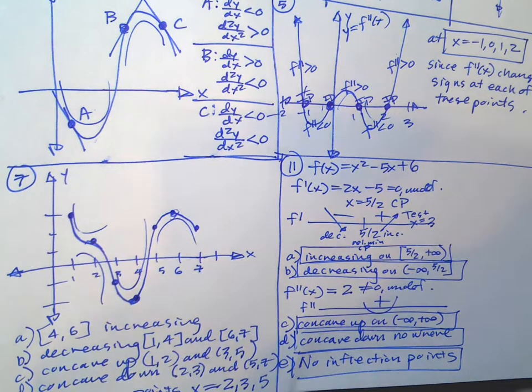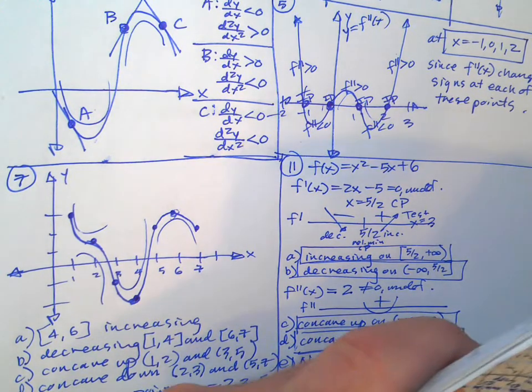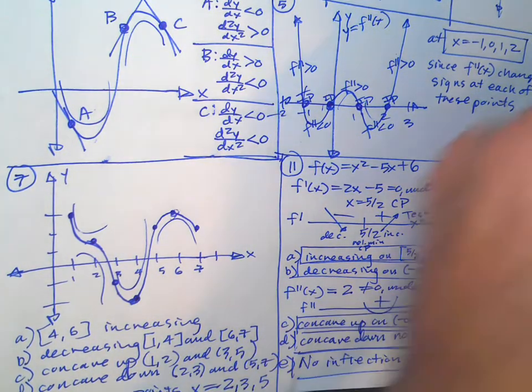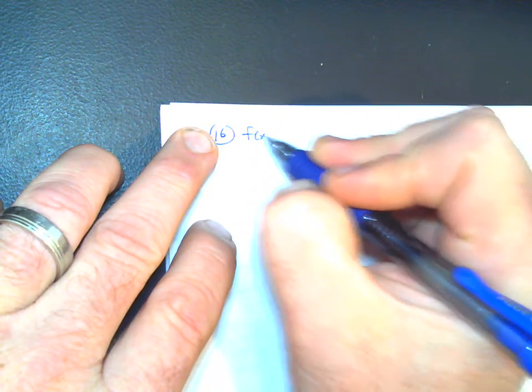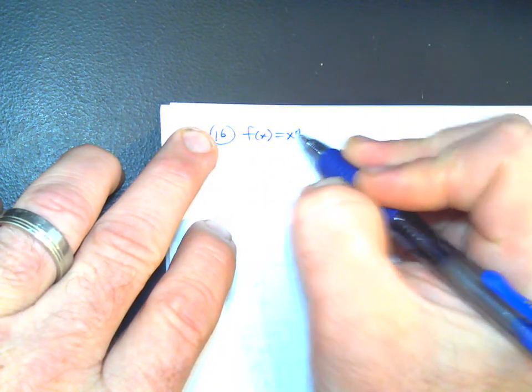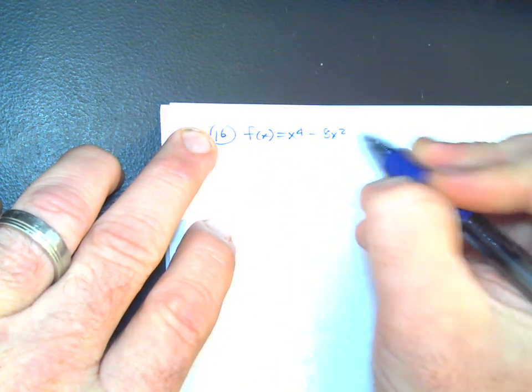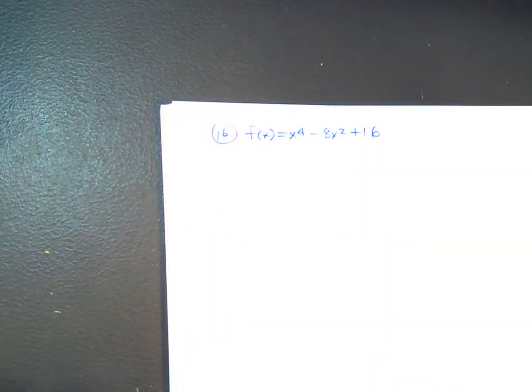16 and 17. So 16 is f of x equals x to the fourth minus 8x squared plus 16.